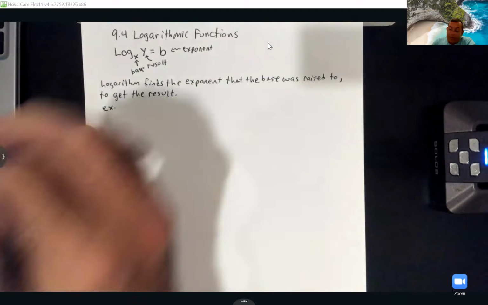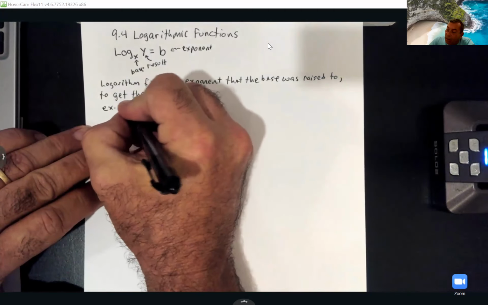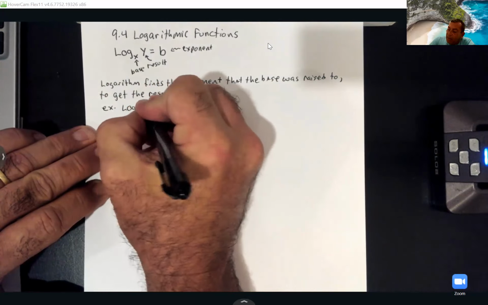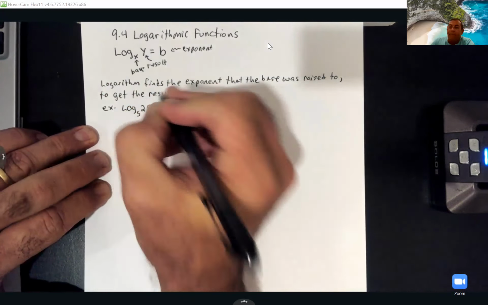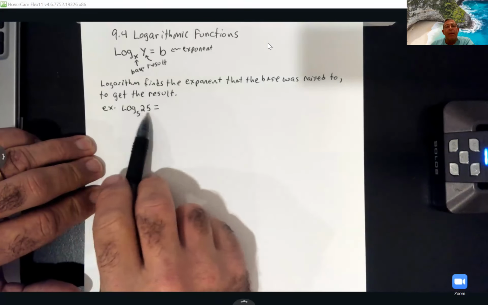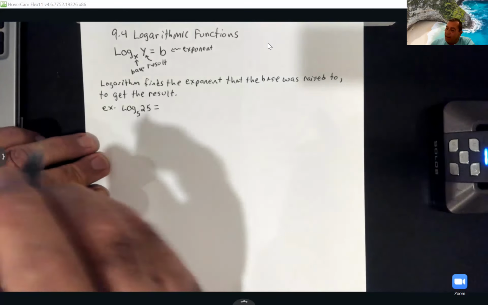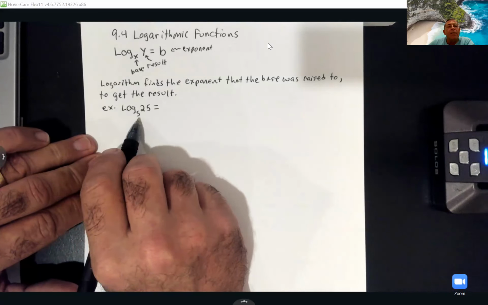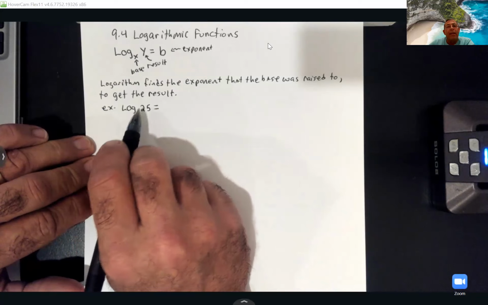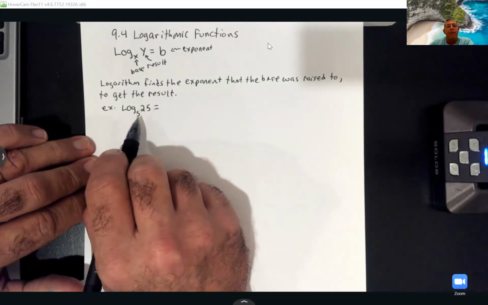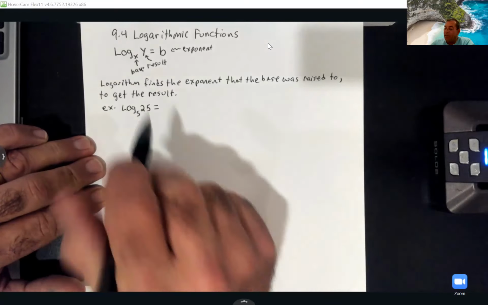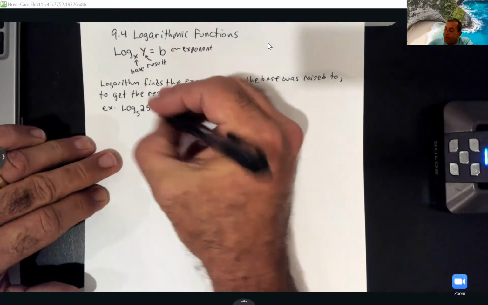So y'all, this first example, I'll do a log base 5 of 25. So what this is wanting me to find is what exponent would I raise 5 to get 25? So how many times you multiplying that 5 times itself to get me a 25?